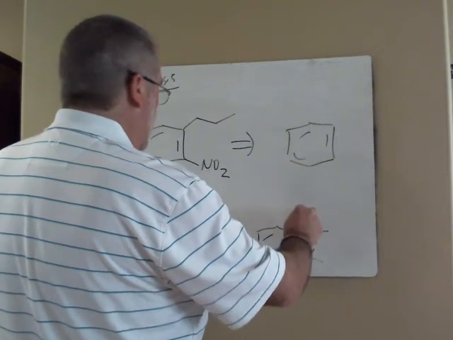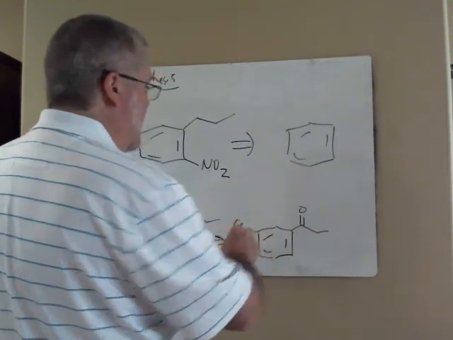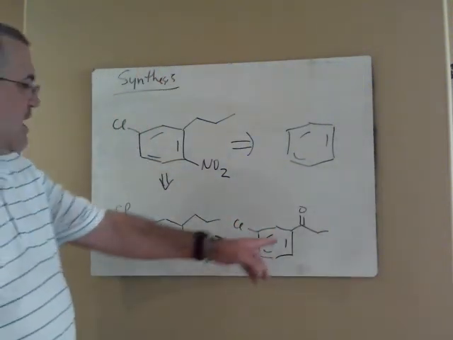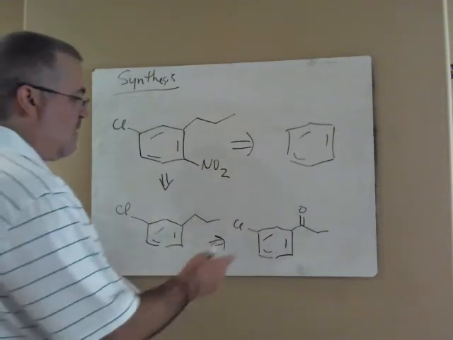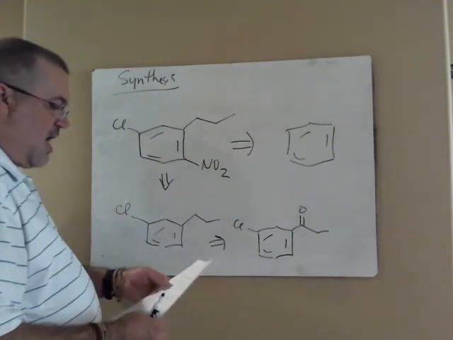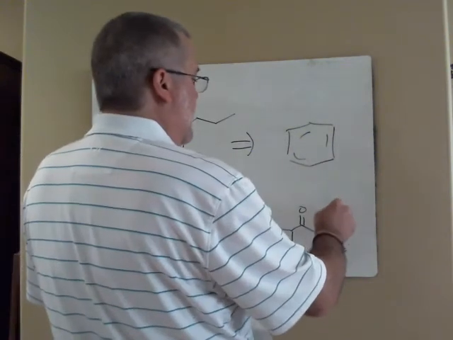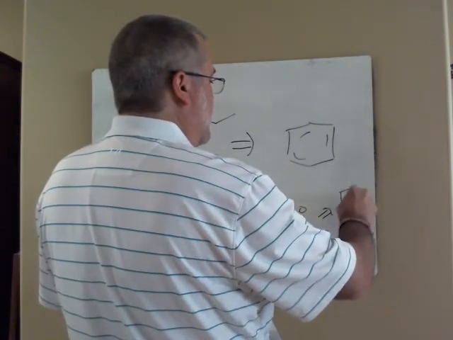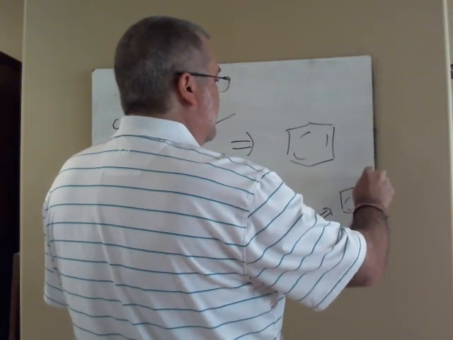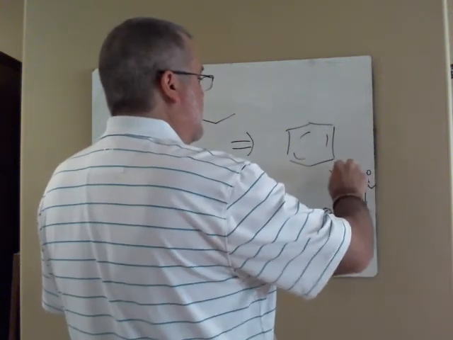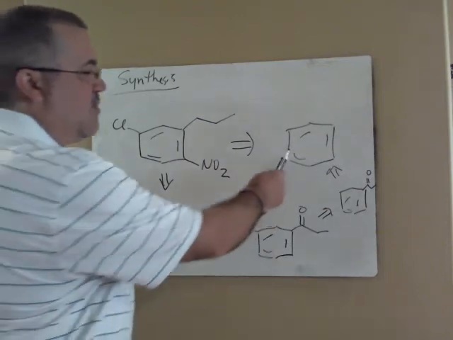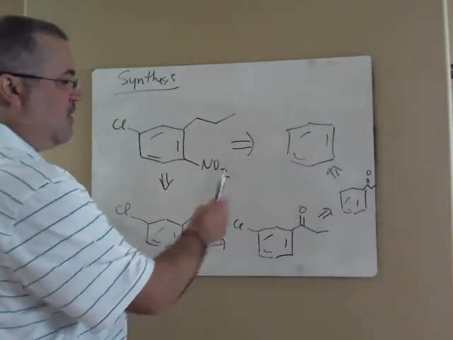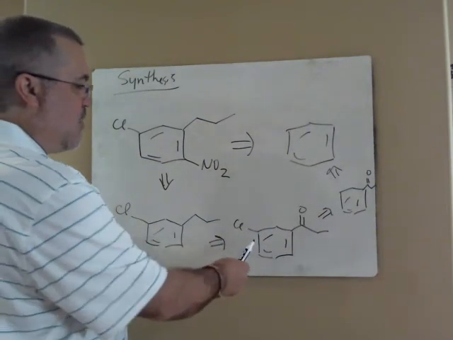If you convert that to the acyl group, then when I go back one more step, I'm going to run out of room here, I would go back to the acyl group. Because if I put the acyl group on first, it allows me to put the chlorine in the proper position.